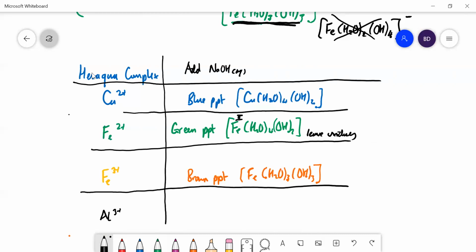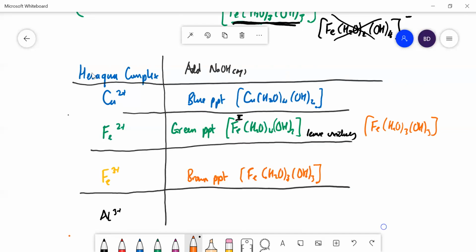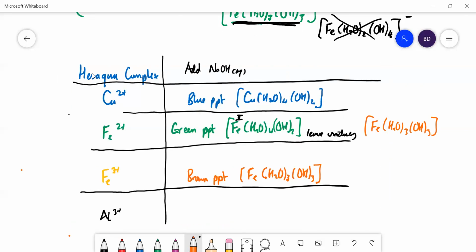So if you leave it, it oxidizes, and it will go brown, Fe(H2O)3(OH)3. And when you do this very often, if you've got your test tube of precipitate here, let's draw it. I'll do it in black.